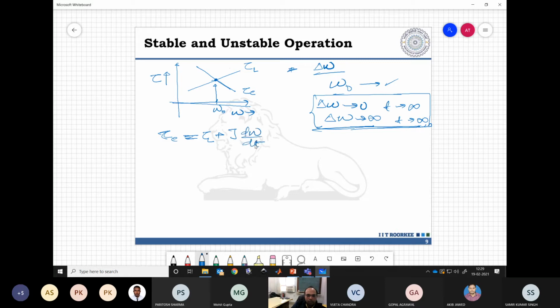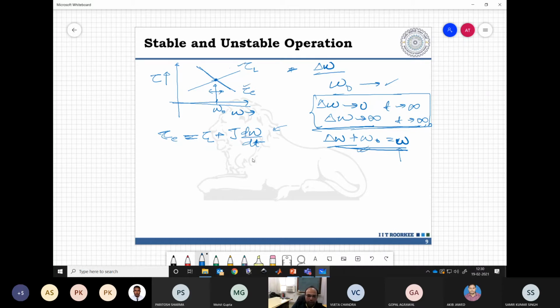Because this is a dynamic situation, we will consider this J d omega by dt as well. Now let us say you introduce a perturbation of delta omega in the omega angular speed. So your new speed becomes like this. Now corresponding to change in omega, you can see that if we perturb the omega a little bit, there is change in tau L and tau E as well.